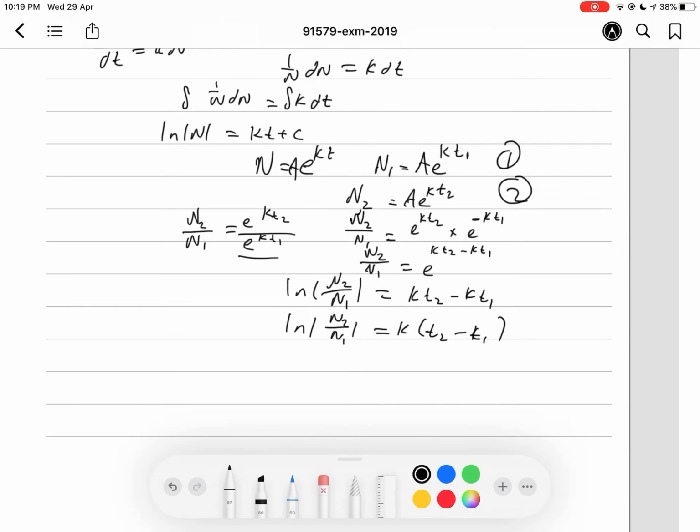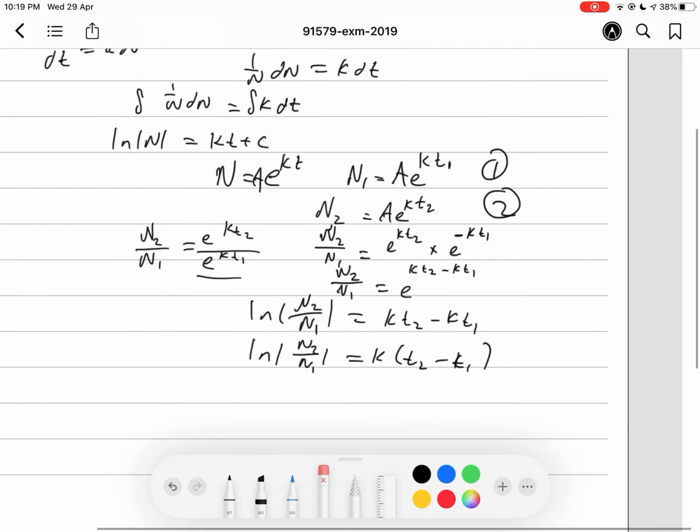Oh, why do I have t2 here? It's actually 2t1. Sorry, what am I doing this whole time? Apologies, guys. It's not t2, it's 2t1.